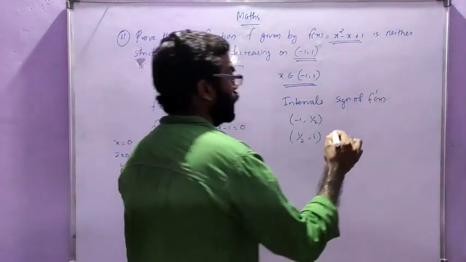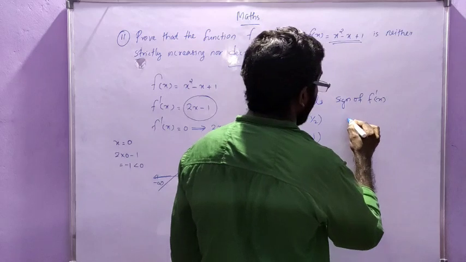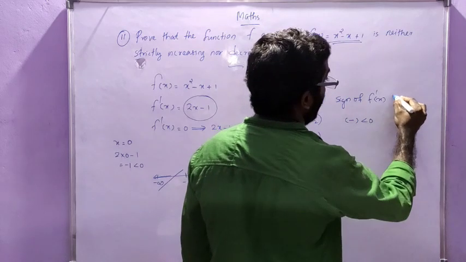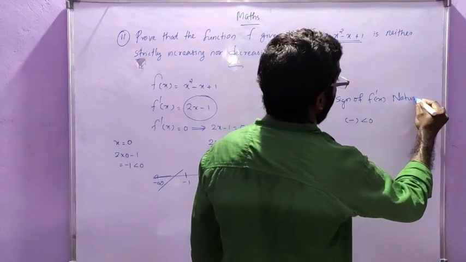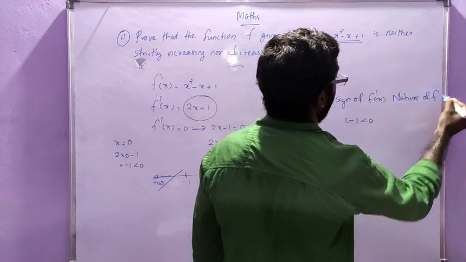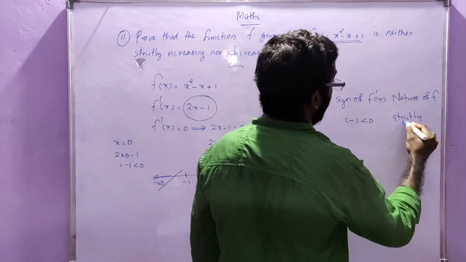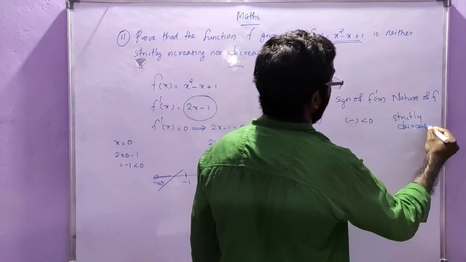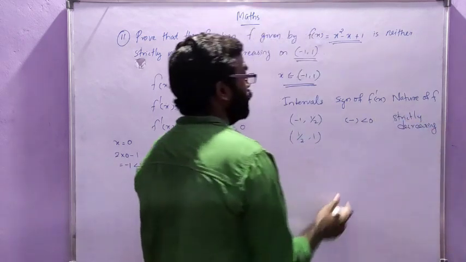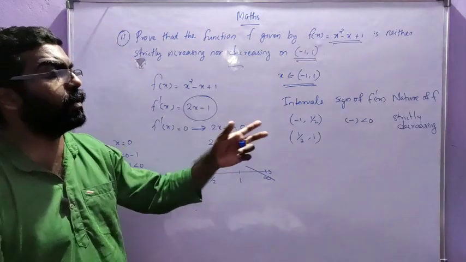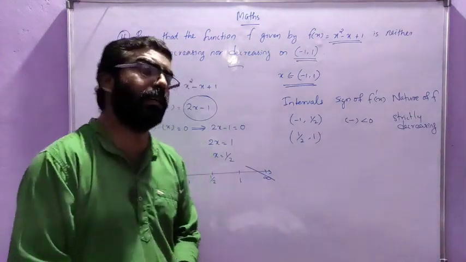Okay, so here the sign of f dash of x is negative, which is less than 0. So the nature of f will be strictly decreasing. Since f dash of x is less than 0, we can conclude the function is strictly decreasing.